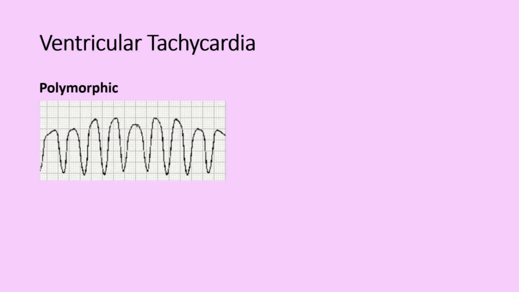On the other hand, here we have an example of polymorphic VTAC. We know it's ventricular because of the wide QRS complexes, and it's polymorphic because all of these different waves look a little bit different. Polymorphic VTAC tends to arise secondary to electrolyte abnormalities.